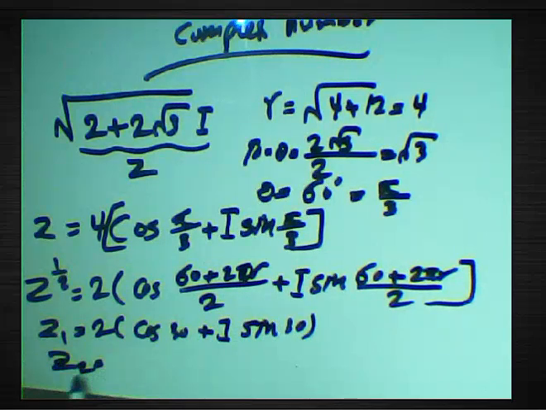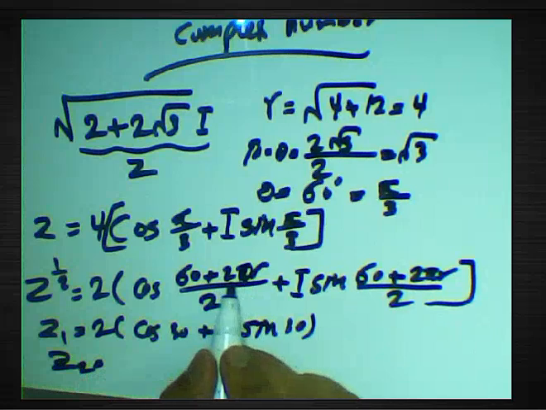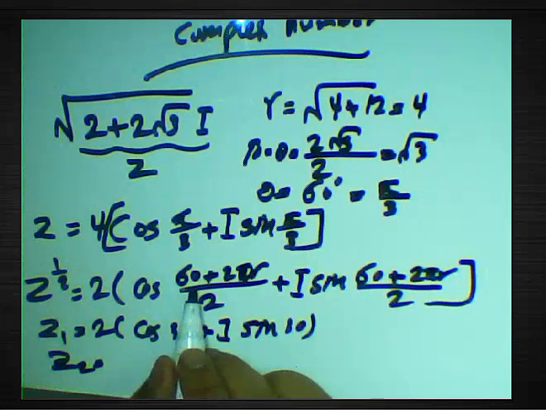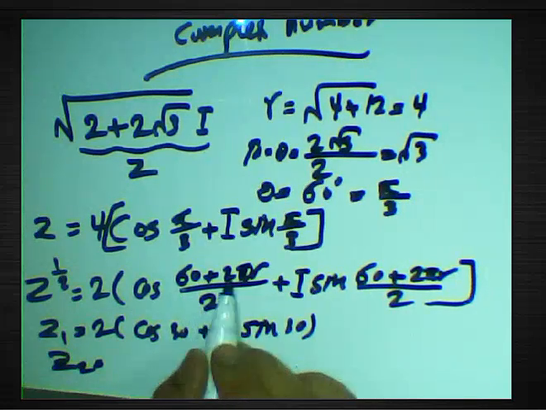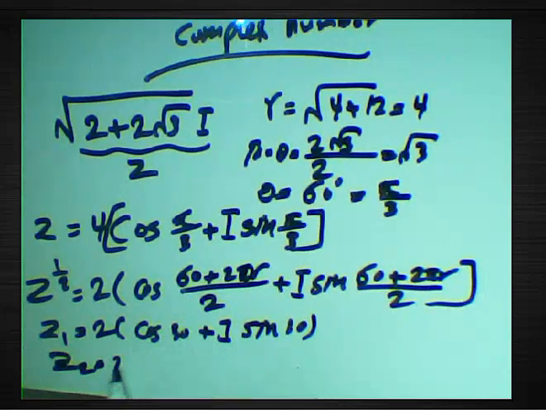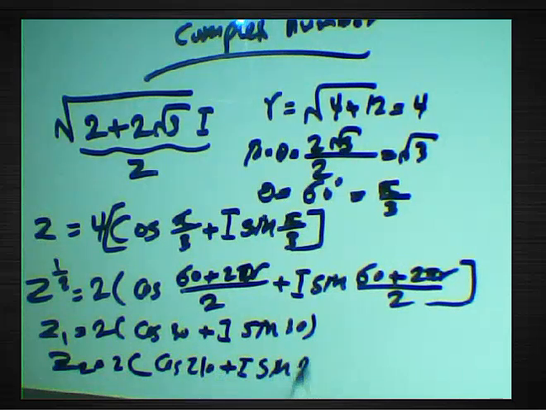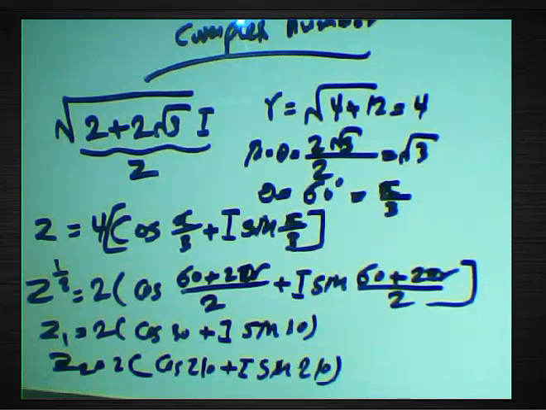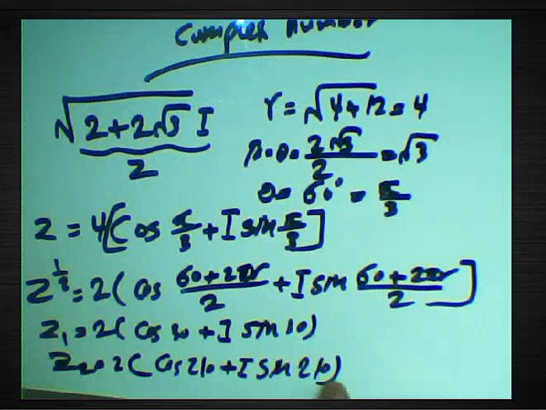Or z2, if you put 1 here, 360 plus 60 equals 420, divided by 2 equals 210. Cosine 210 plus i multiplied by sine 210. The angle here is 30 and here 210.